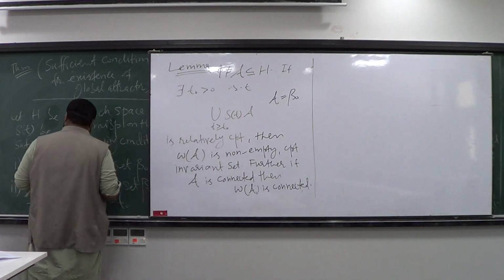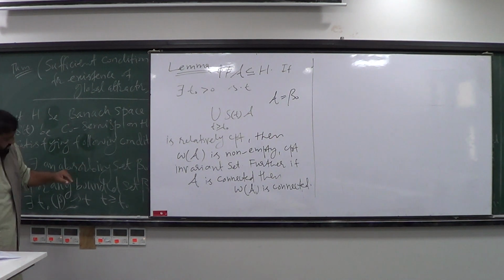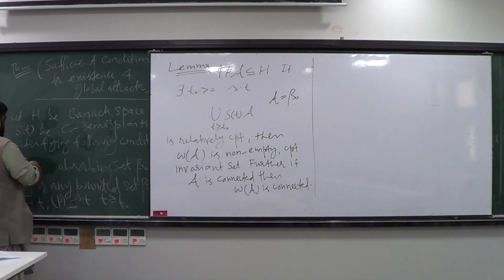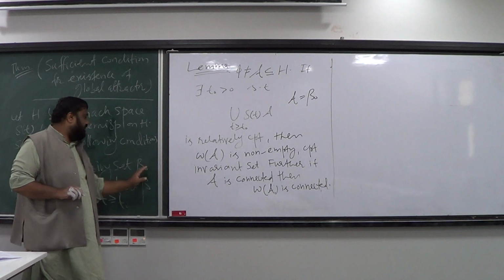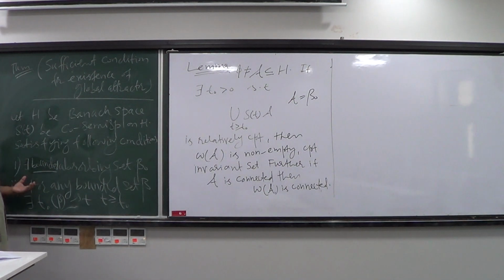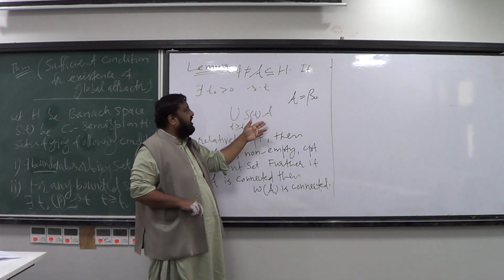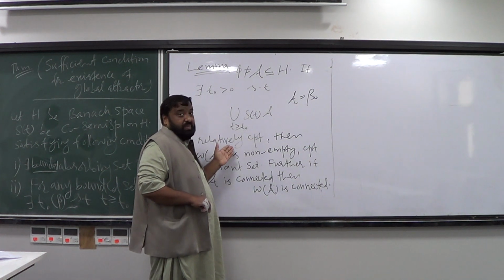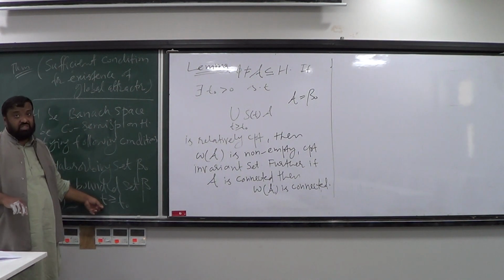Now, this set B naught that we have assumed its existence is also a bounded set. So if it is a bounded set, there must be an instant T naught such that S of T operated onto B naught is relatively compact by condition 2. Because for every bounded set you have this.